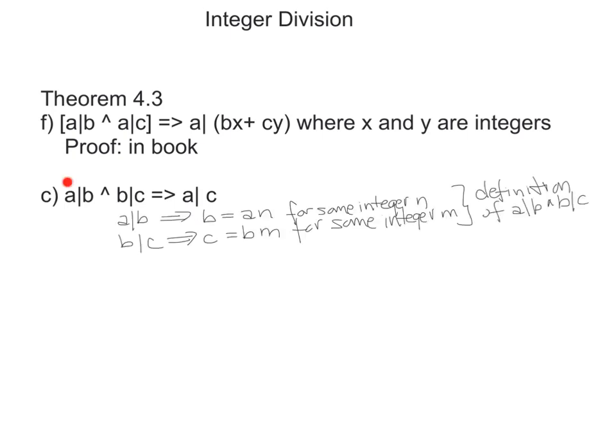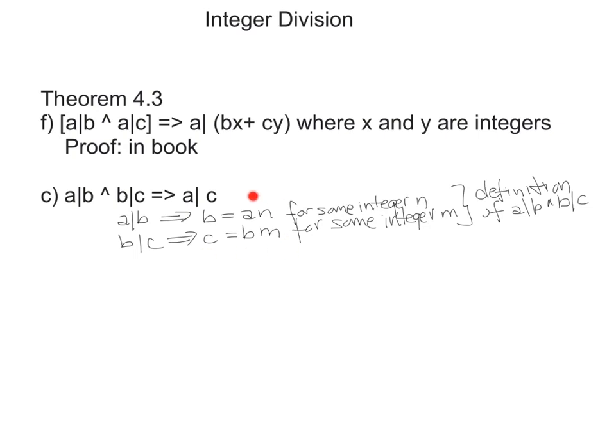My first step is to interpret these two given statements, a divides b and b divides c, and write out what it means according to the definition. So if a divides b, that means that there's some integer n such that b is equal to a times n. And if b divides c, that means there's some integer m such that c is equal to b times m. And again, my justification is that that's the definition of a divides b and b divides c.